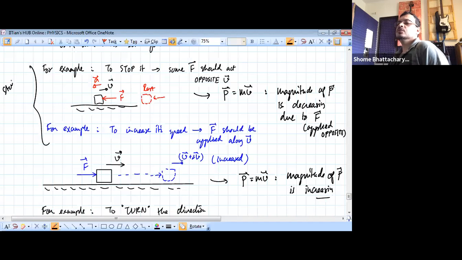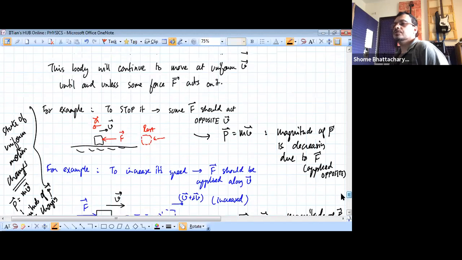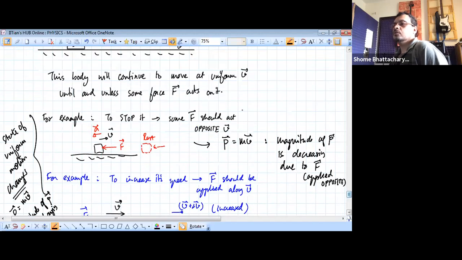The state of uniform motion changes because the magnitude of momentum is changing on application of force. So these examples below are examples of what we call inertia of motion.